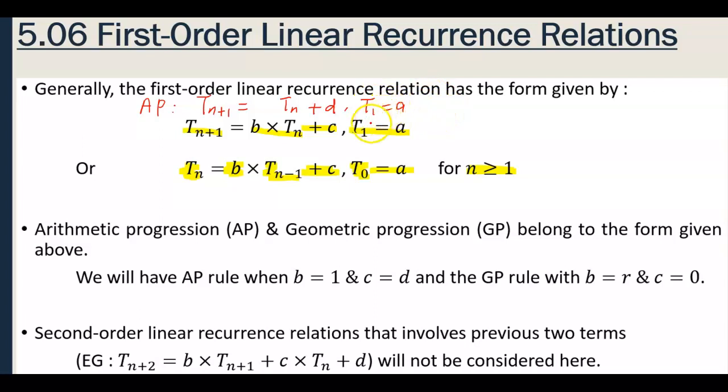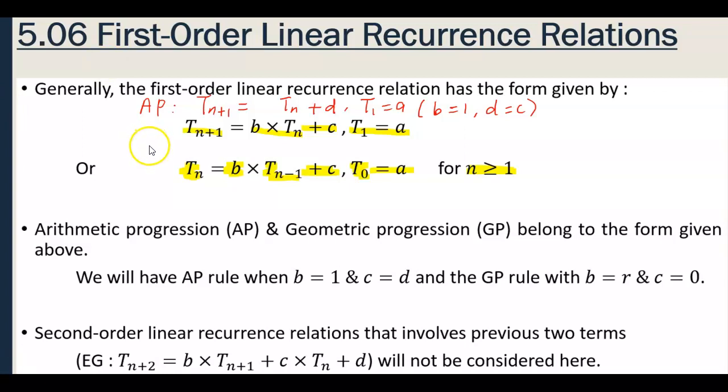So when does the first order have an AP? When your b value equals 1 and your d value equals c. So b equals 1 and d equals c here, d being your common difference.